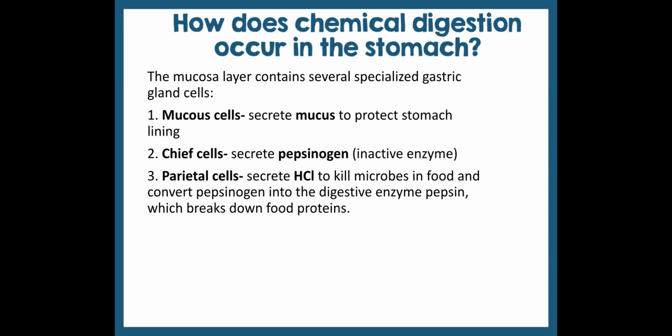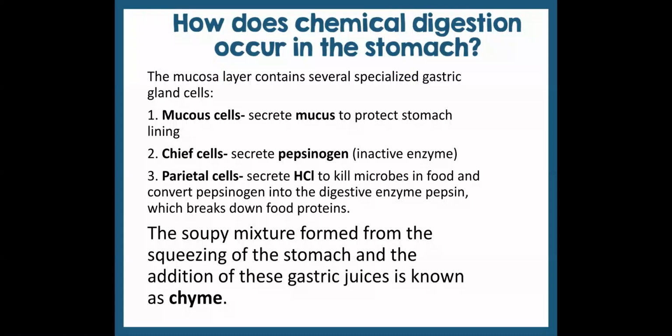These secrete hydrochloric acid to kill microbes in food and convert pepsinogen into the digestive enzyme pepsin, which breaks down proteins. And the soupy mixture that's formed from the squeezing of the stomach and the addition of these gastric juices is known as chyme. So those are the 3 gastric juices that I've listed on this slide.